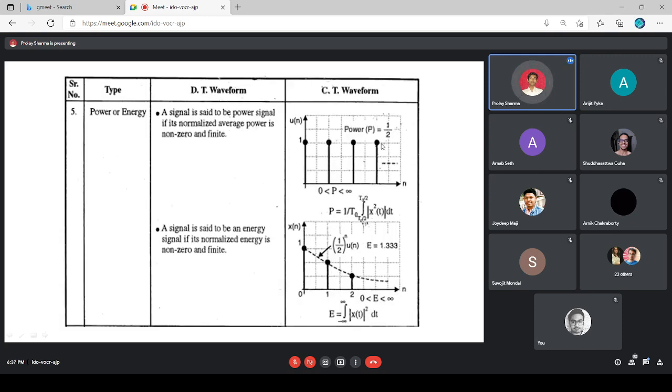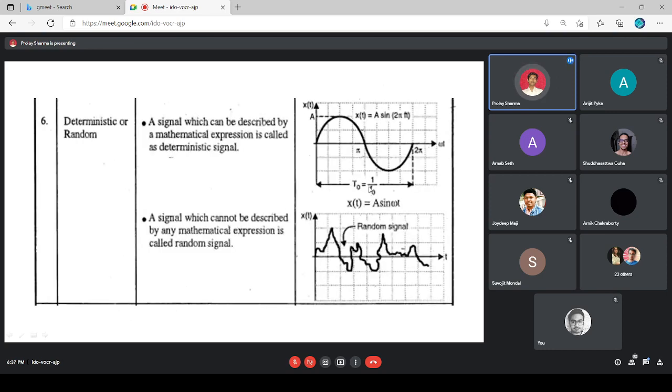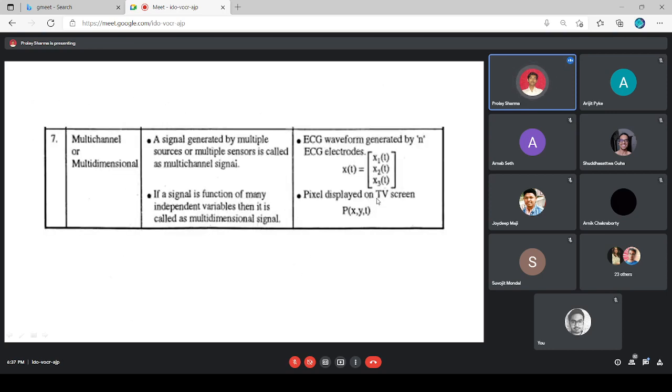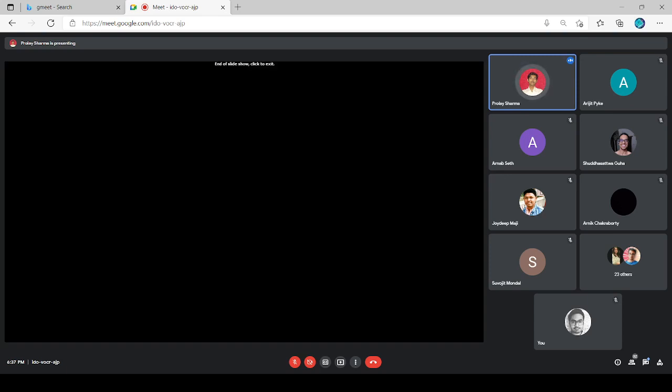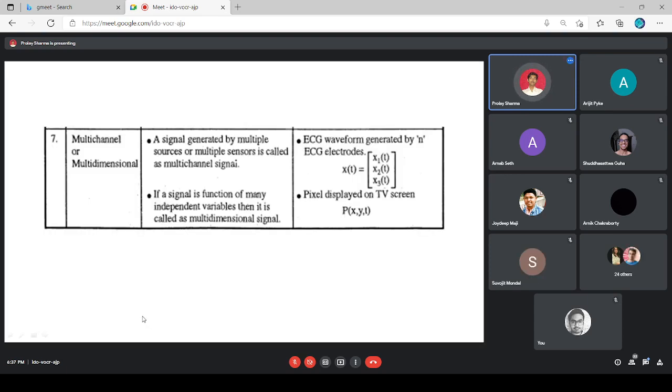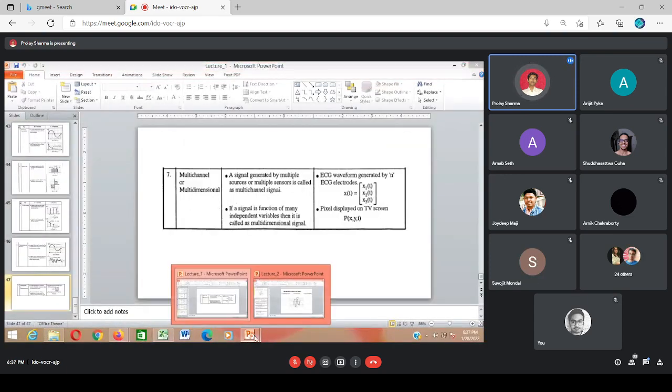We just discussed power signal and energy signal, deterministic signal, non-deterministic signal, multi-channel signal, and multi-dimensional signal. Next, we will discuss how we can represent a signal.